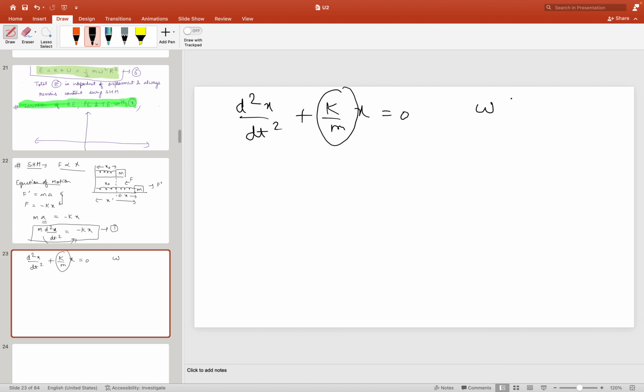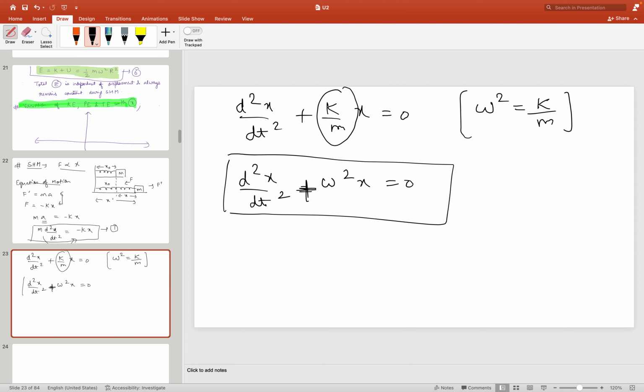What is the relation? Omega square is equal to k by m, or omega is equal to under root k by m. So this equation will turn out to be d2x by dt square plus omega square x is equal to 0.